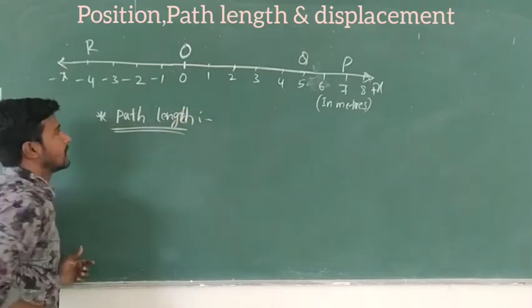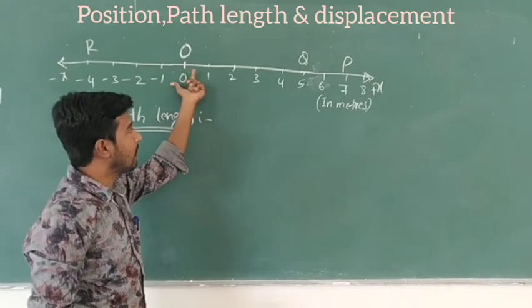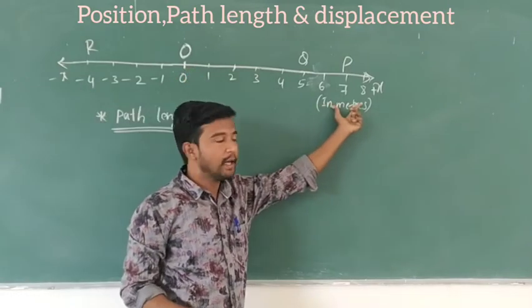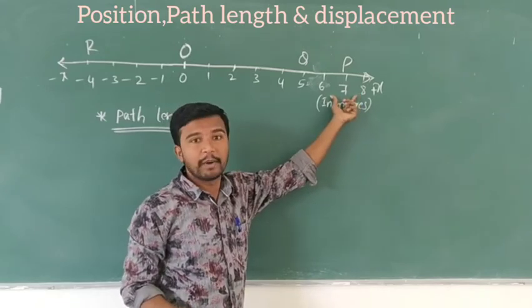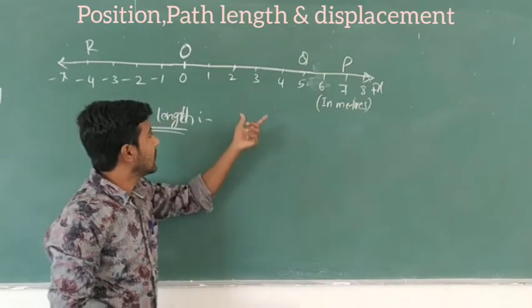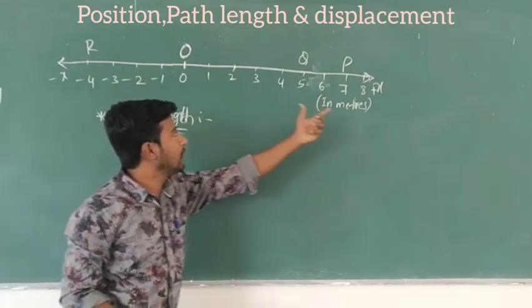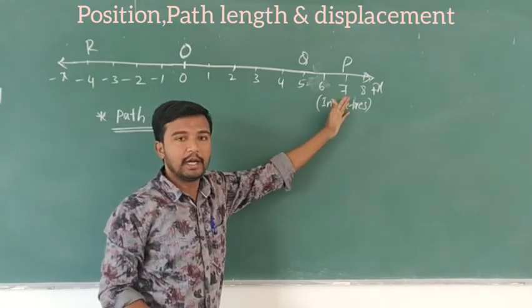Students, here is the position of the object P. What is the length covered by the object P? Consider O to P: 0 to 7, that is 7 meters.